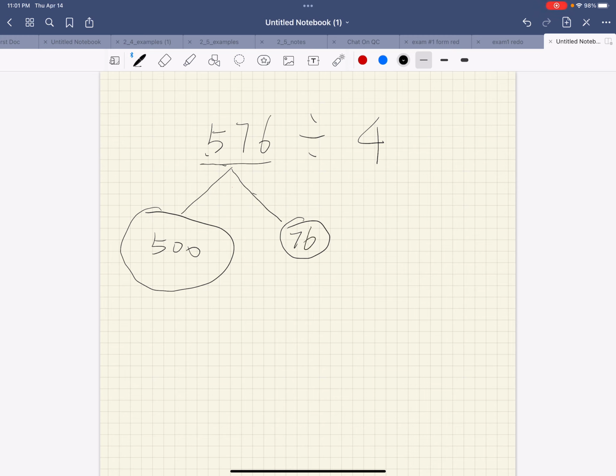Why do I separate 500? Because I know this is 100, right? These two zeros mean 100. I can ask myself how many fours can we take out from 5.